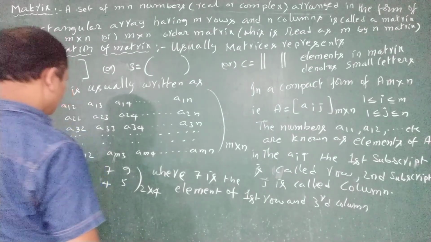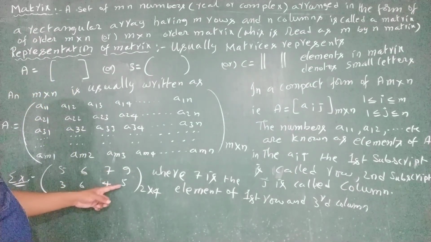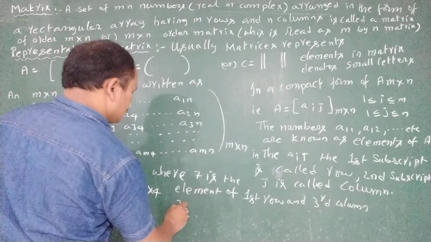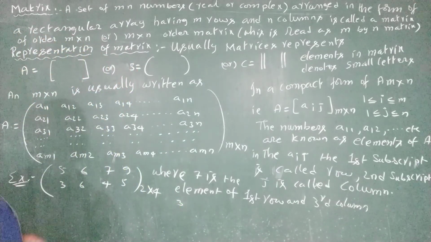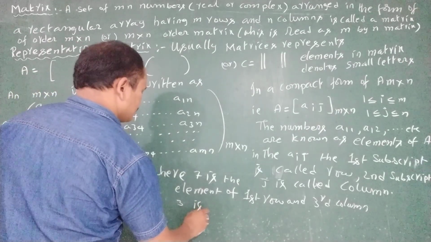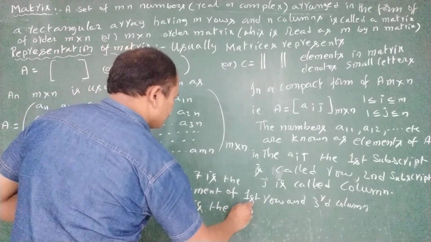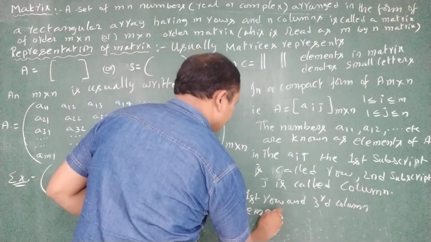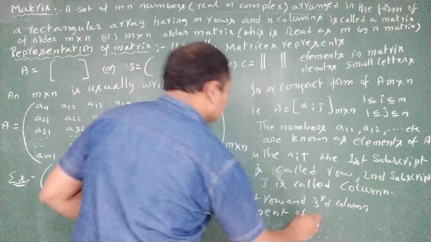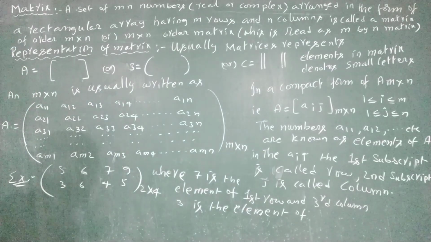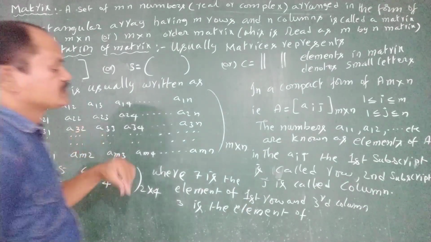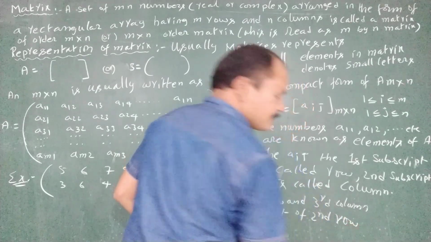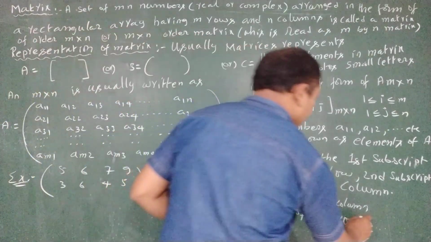And observe here, 3 is the element of the second row, first column.